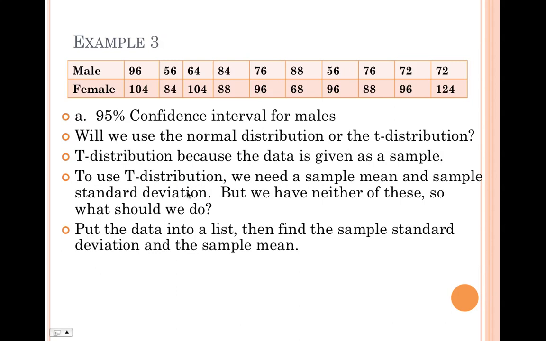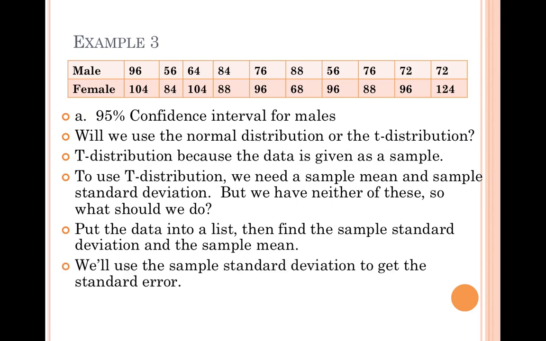So we have our data in a list, and then we're going to find the sample mean and the sample standard deviation. So with your calculator, you put males into L1 and females into L2. If you run 1-Var Stats on L1, you'll get the sample mean for males. And then if you run the same 1-Var Stats for females, you'll get the sample mean for females.